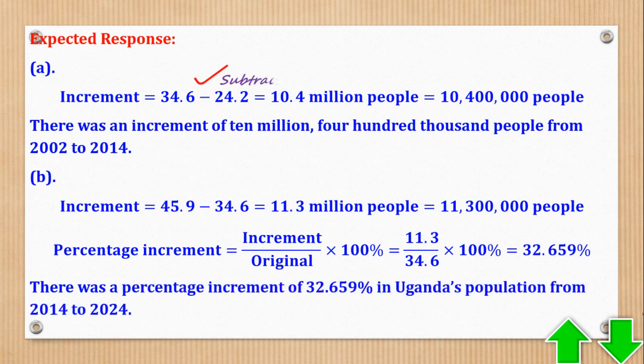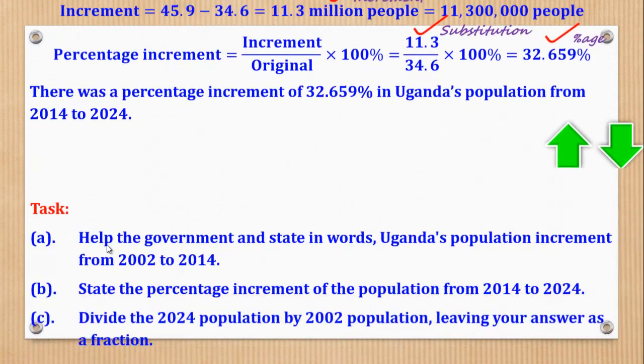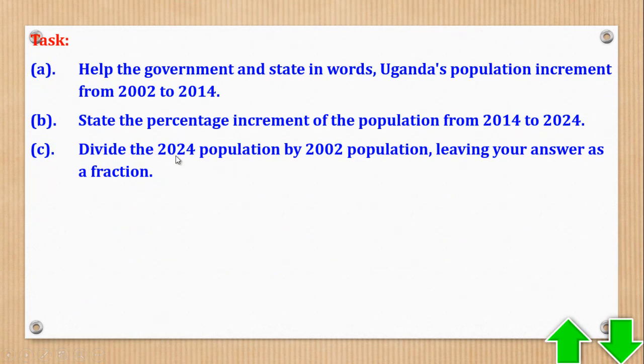Then task C. So those were the scores for task A and task B. Then task C says divide the 2024 population by 2002 population, leaving your answer as a fraction.